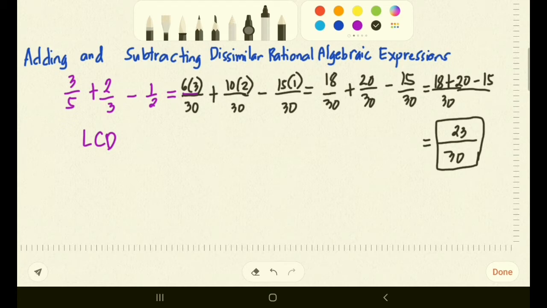Okay, let's have an example on adding and subtracting dissimilar rational algebraic expressions.